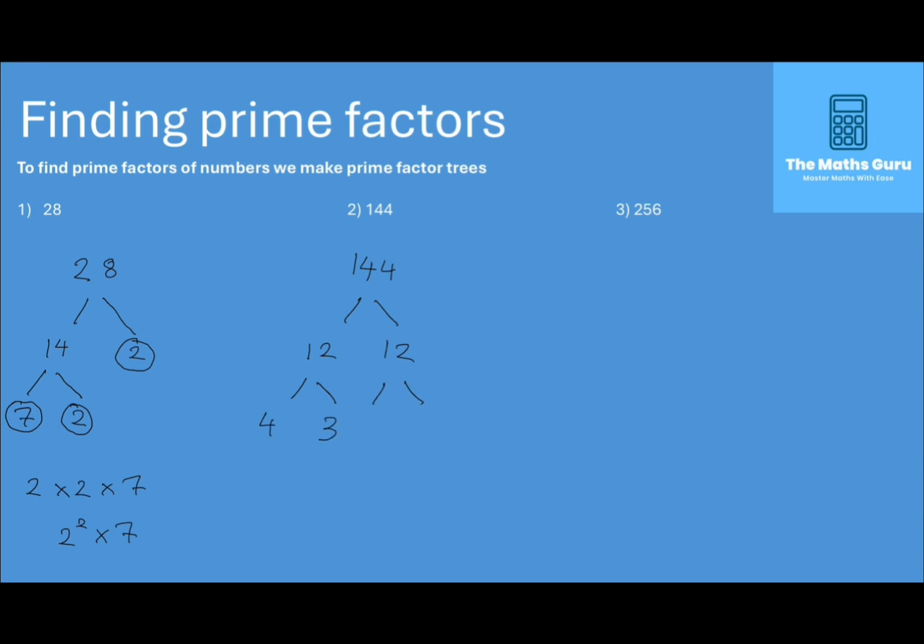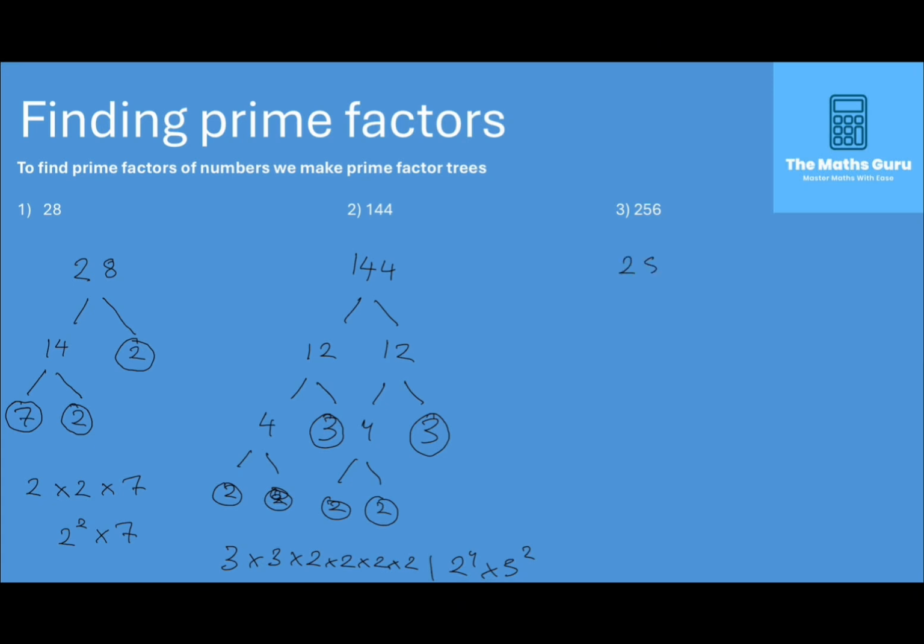You could also do 6 and 2 there. 3 is a prime number, so we circle that, and then 2 and 2, and 2 and 2. Therefore, we can write this as 3 times 3 times 2 times 2 times 2 times 2, or we can write it as 2 to the 4 times 3 squared.